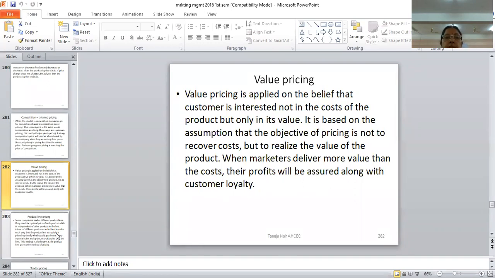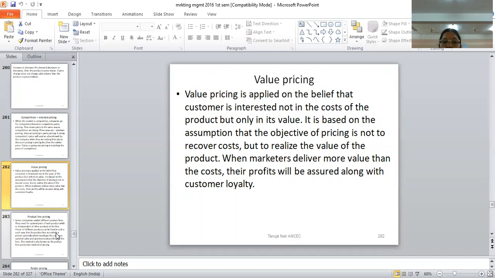So value-based pricing is followed by those companies who want to make the customers realize the value of their product. They are not interested in recovering the cost of their product. They are not interested in getting more profits or more sales. They want the customers to get a realization about the value of their products.